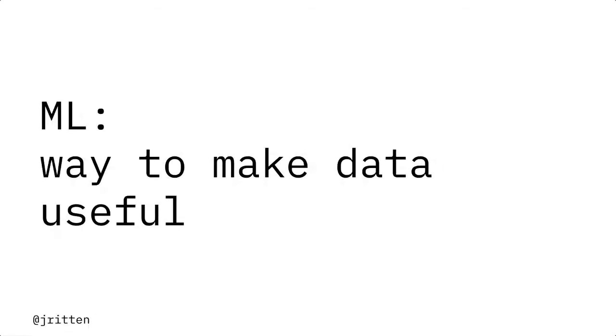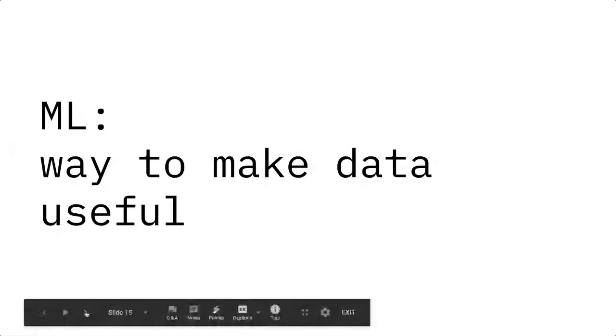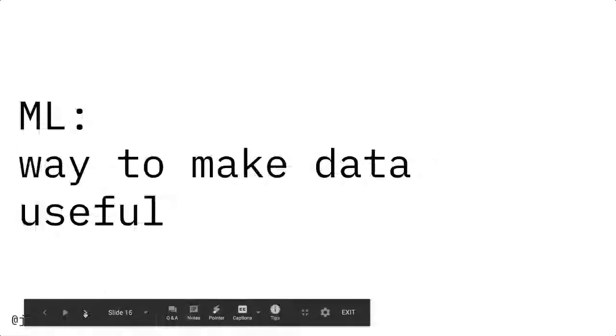AutoAI will create the model for you that you can then make your API calls to and get the responses back that you need from the data to do whatever it is you want to do in your application. So it's really a useful tool and very easy to use.